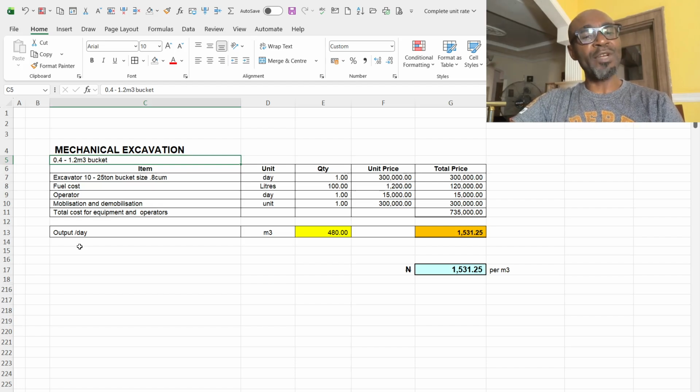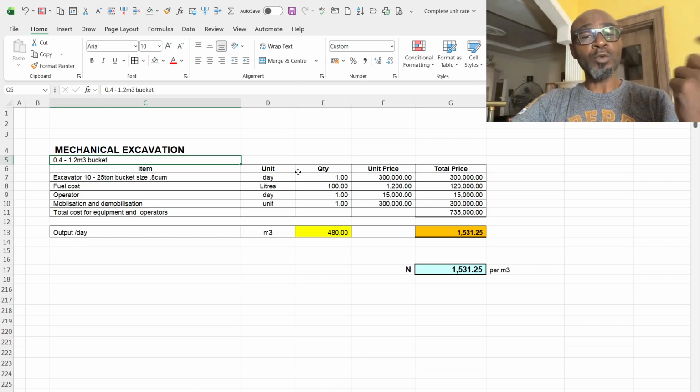So I am going to average the capacity of the bucket by adding the 0.4 plus 1.2 divided by 2 to now have the average bucket capacity.